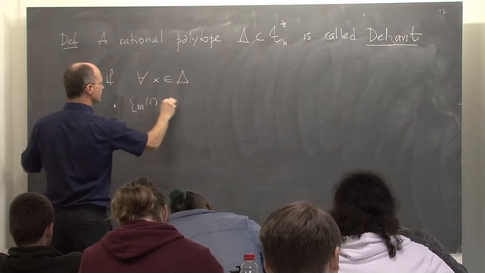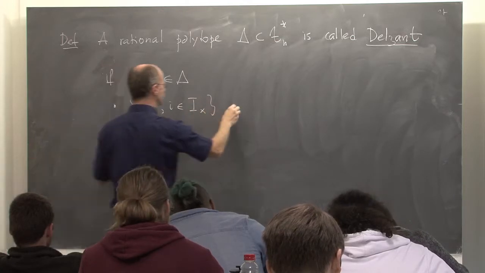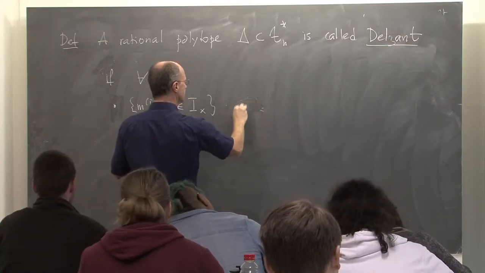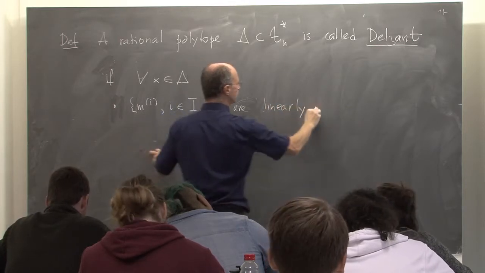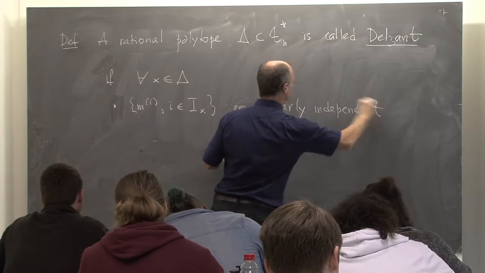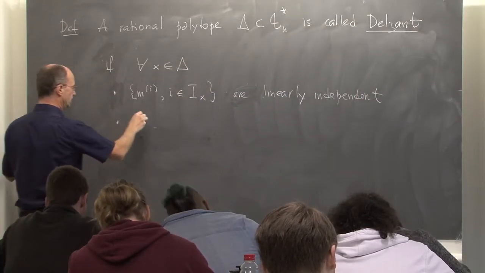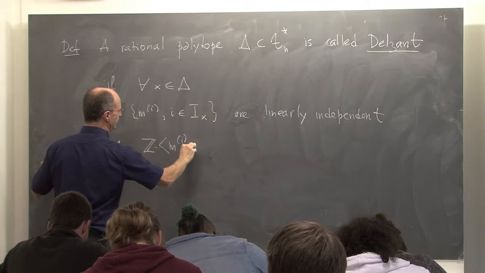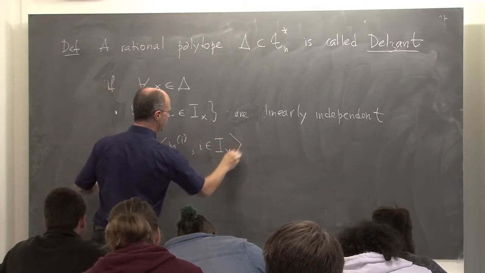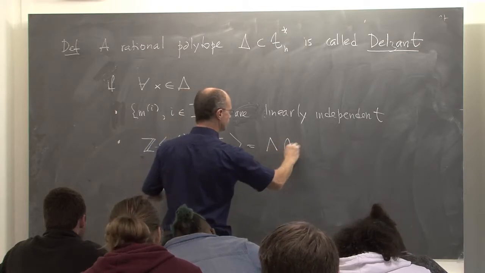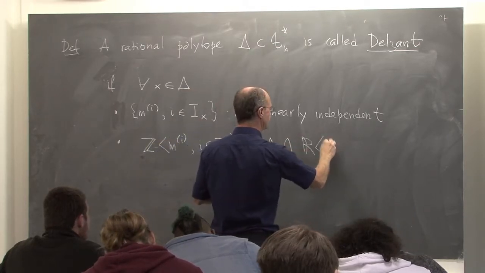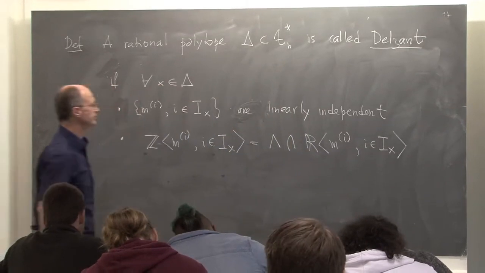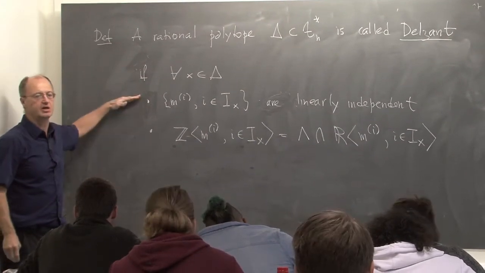The set of m_i with i in I_x are linearly independent, and the Z-span of the m_i for i in I_x is the intersection of Lambda with the corresponding vector space. So the conditions are exactly the same as we had before.